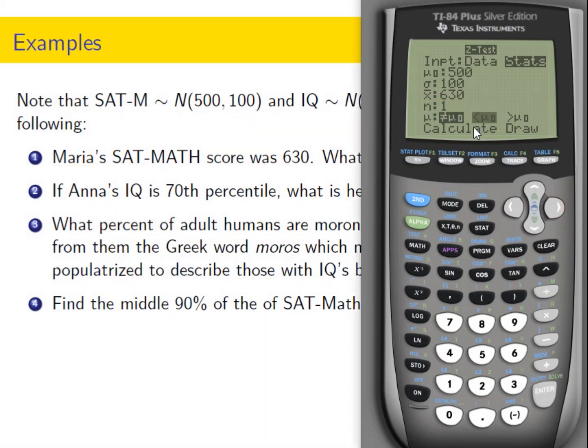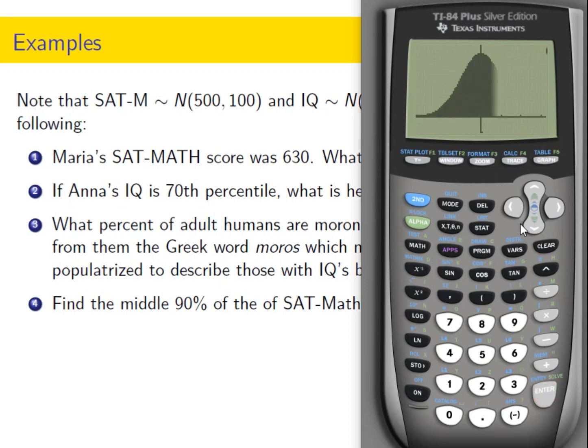Percentile ranks are the percentage of people who scored lower. So I'm going to use the less than inequality. And then I'm going to hit draw. It does several things that are helpful. It creates this vertical line at Maria's score.